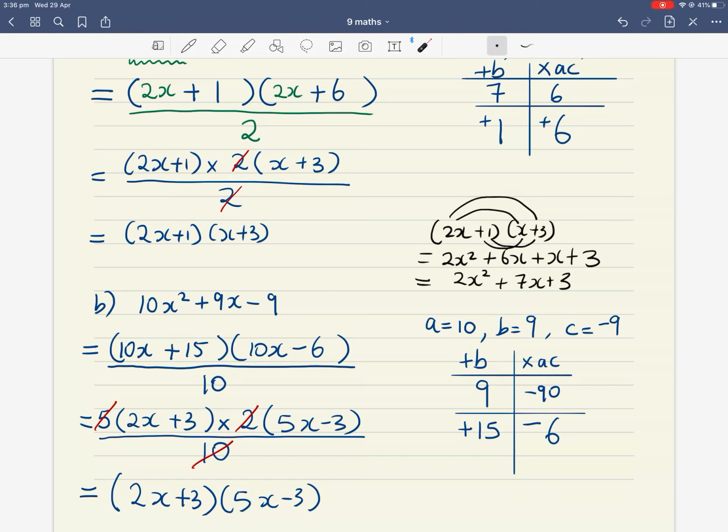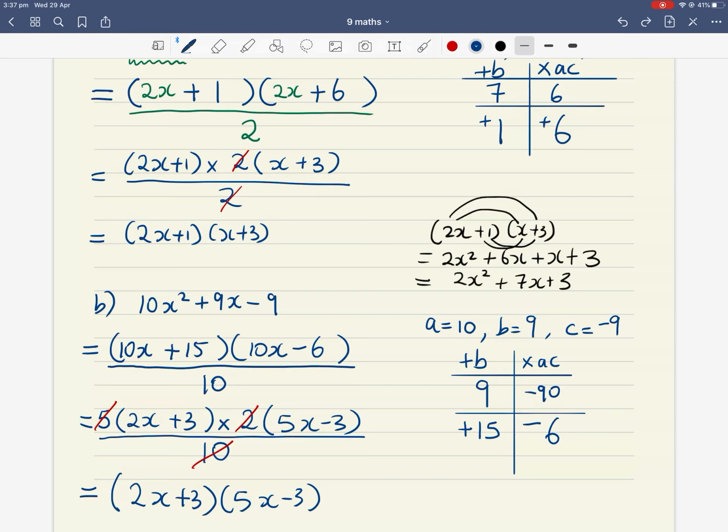Again, you can always check your answer by expanding your brackets. 2x times 5x gives me 10x squared. Check. 2x times negative 3 gives me a negative 6x. 3 times 5x gives me a positive 15x, which combines to be a positive 9x.